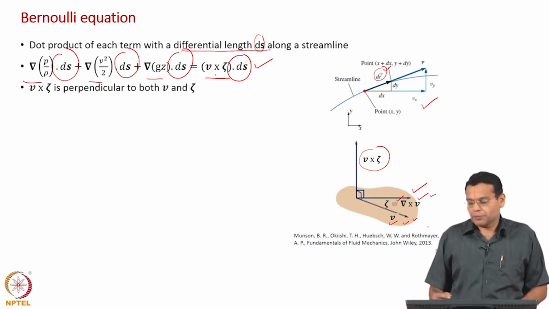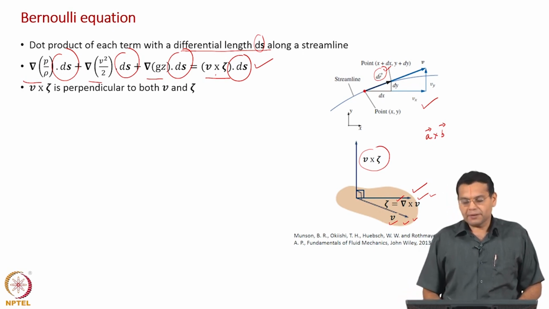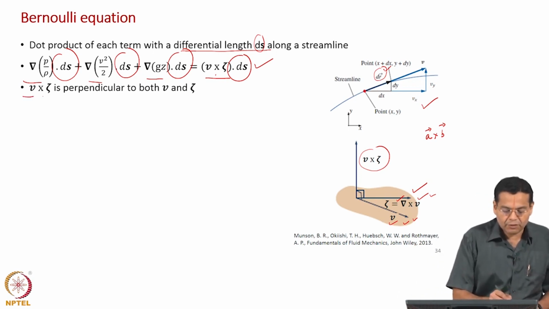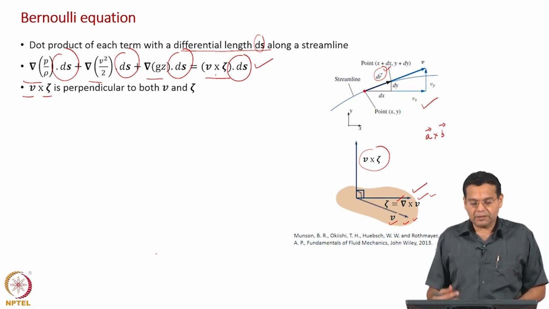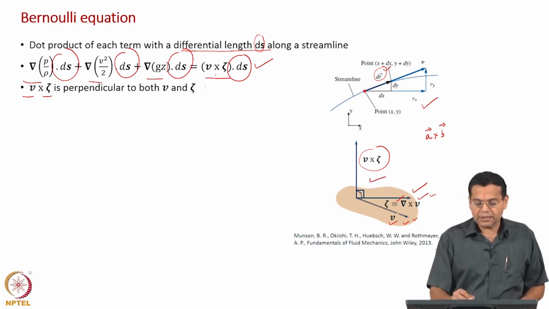Why is that? Suppose I have a vector and b vector, and if you take a cross b, that vector is perpendicular to both a vector and b vector. Instead of a and b, here we have v vector and vorticity vector. So, the cross product between v vector and vorticity vector is perpendicular to both, and that is what is shown here.